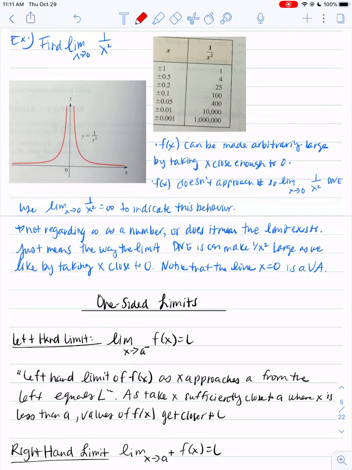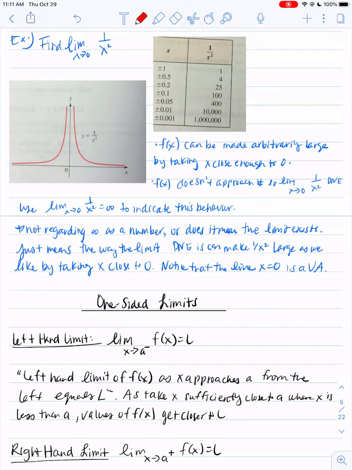So f of x can be made arbitrarily large by taking x close enough to 0. So f of x doesn't approach a number, so the limit as x approaches 0 of 1 over x squared does not exist. So in this case, we write the limit as x approaches 0 of 1 over x squared equals infinity to indicate this behavior.